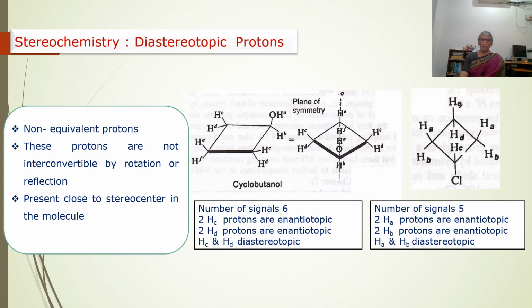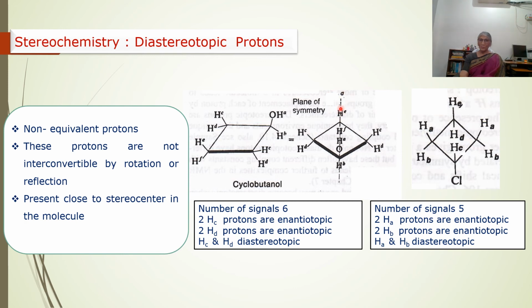This is the cyclobutanol molecule and this shows the presence of diastereotopic protons. Diastereotopic protons are those which are not interconvertible by rotation or by reflection. Carefully observe the cyclobutanol molecule. There is a plane of symmetry passing through carbon number 1 and carbon number 3.